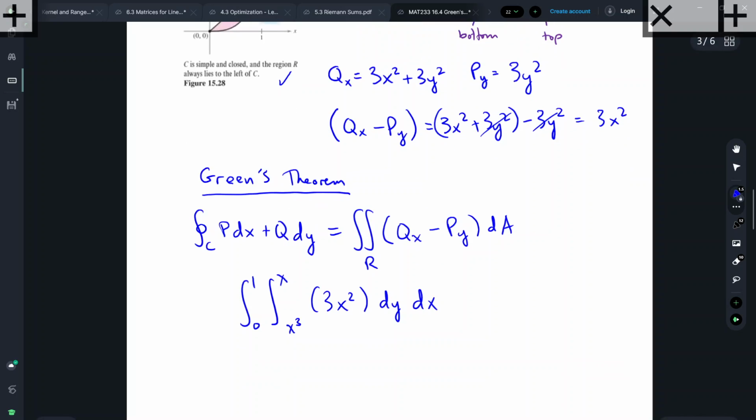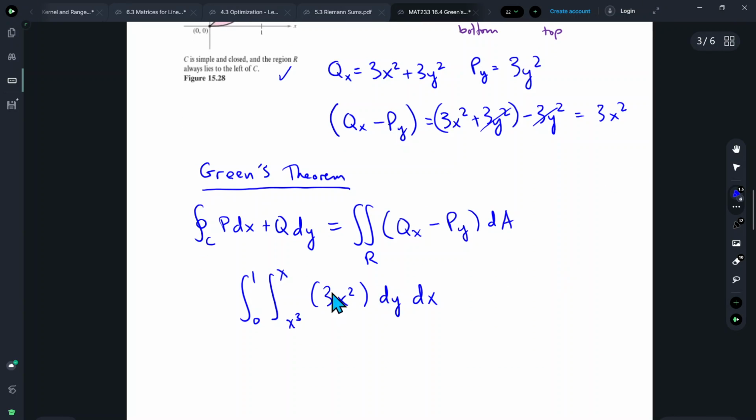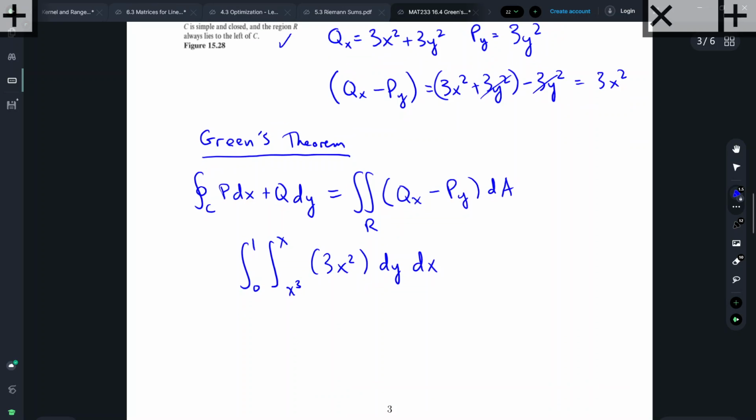Okay, so we just need to calculate this double integral, and taking a look at it, it doesn't look like it's too difficult to compute. Right, so here we're integrating with respect to y, so we're thinking of x as being constant. So the whole thing is just thought of as a constant, so the antiderivative is 3x squared y, evaluated at the endpoints.